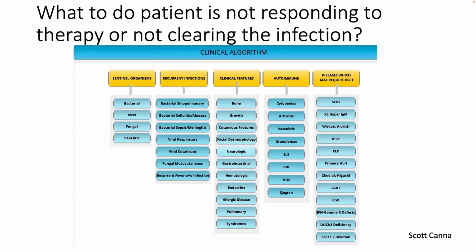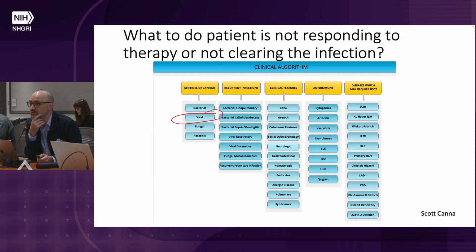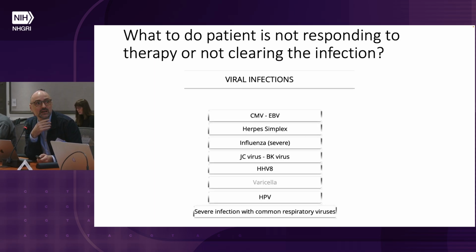Of course, in children, genetics is going to be more penetrant, but now we have quite a few cases of adult onset disease. You can click here on, let's say, viral disease, that this patient is not clearing, and it's just persistently there. And if you click on that, the next thing that can show up is this CMV, is this herpes, is this very severe influenza, is this JC virus, BK virus, HHV8, varicella, HPV.